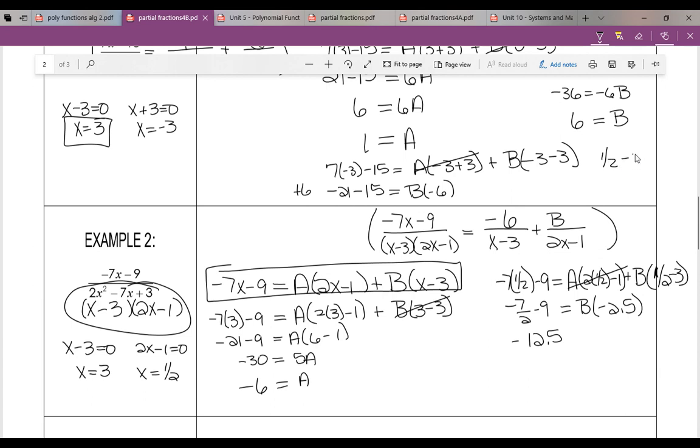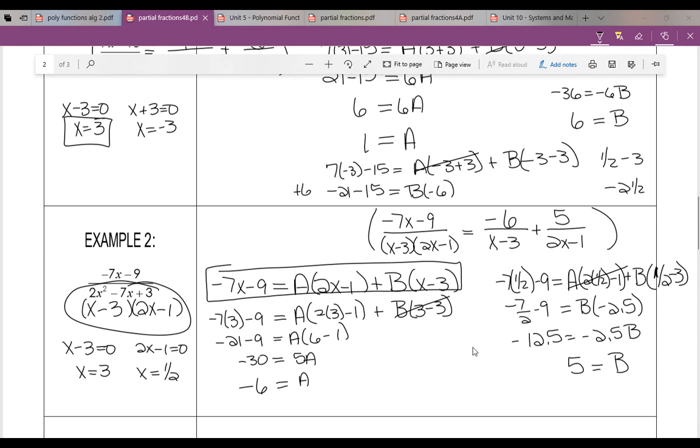One half minus 3 is the same as negative 2.5. Do y'all agree with that? All right. So what do you get when you divide both sides by negative 2.5? What is my B value? Positive 5. So I'm going to come up here, I'm going to erase that B value, and I'm going to put 5 right there.